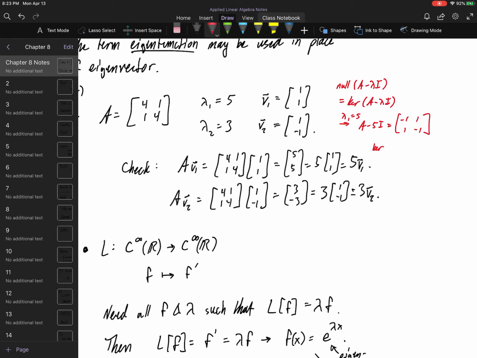We solve that against the 0 vector, and we wind up with exactly the span of that vector. So the kernel will be the span of that vector.